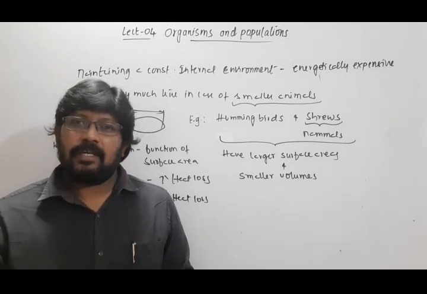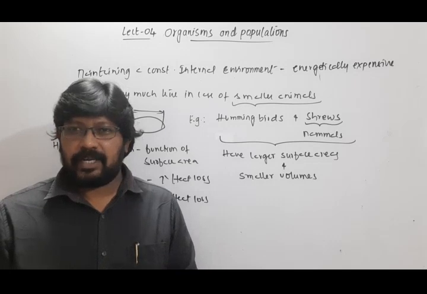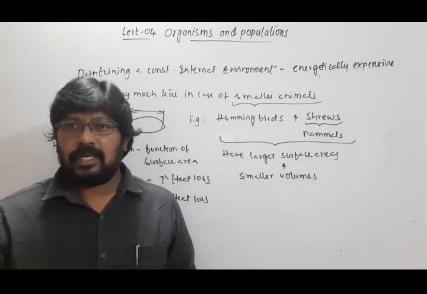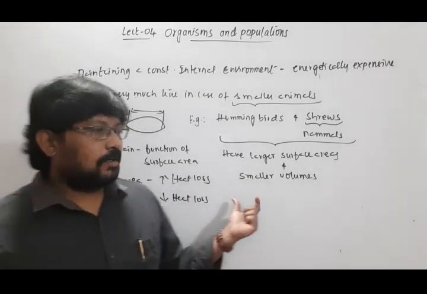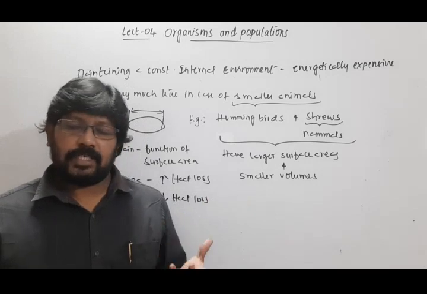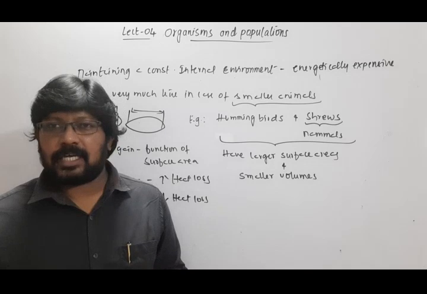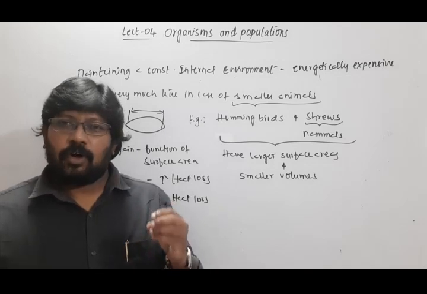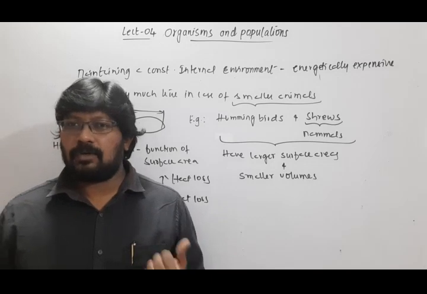So they have bigger body volumes and lesser surface area, so that they lose less heat. That is the reason why polar animals, whether south or north, tend to be bigger in size, so that their volume will help in the production of more heat.